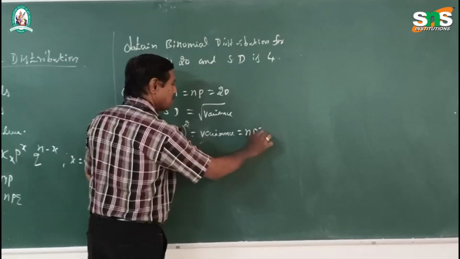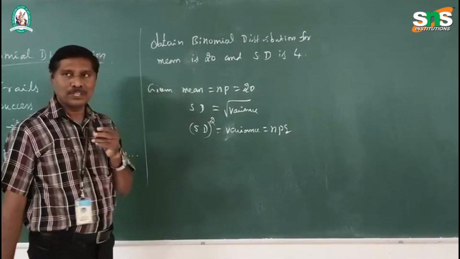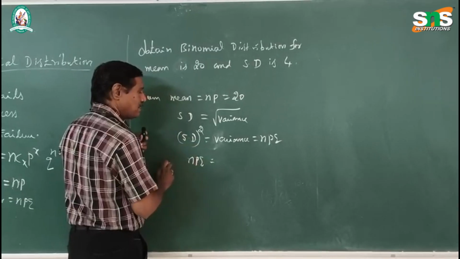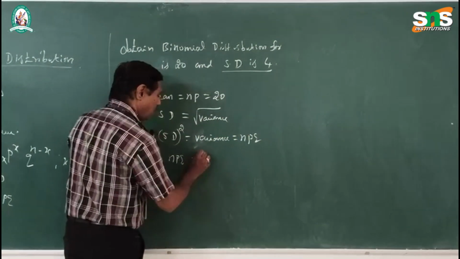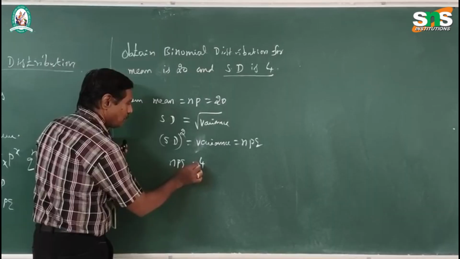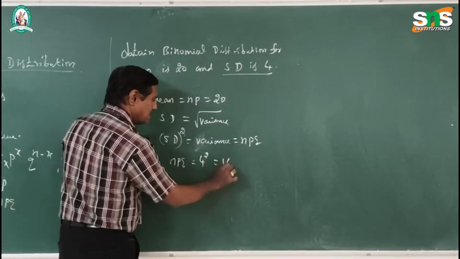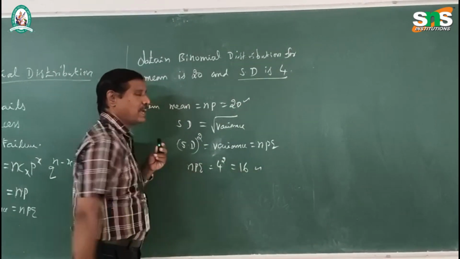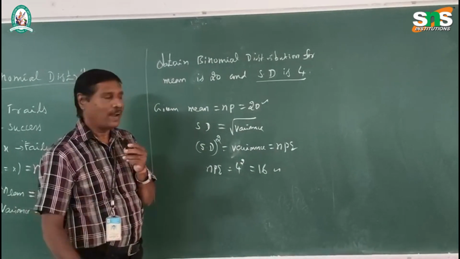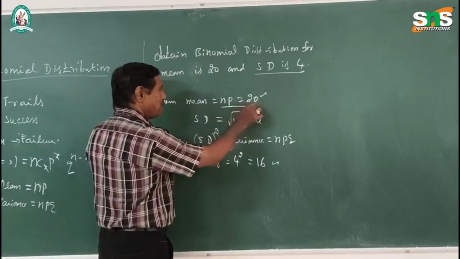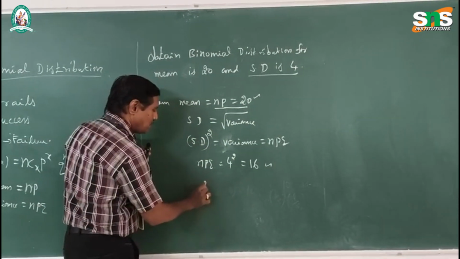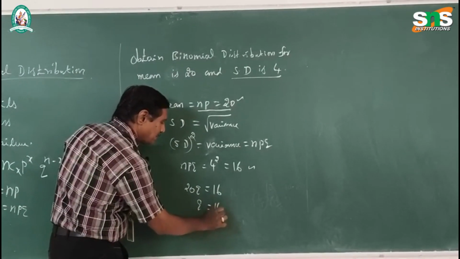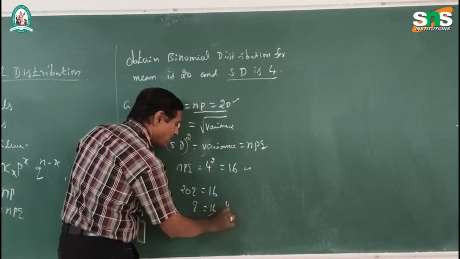As per the binomial distribution, the variance is npq. Therefore npq is equal to the standard deviation squared. The standard deviation is 4, and 4 squared is 16. Using this mean and variance, we calculate what n, p and q are. So directly substitute np equal to 20 here: instead of np we write 20, and q is equal to 16 by 20. After reducing, we get 4 by 5.